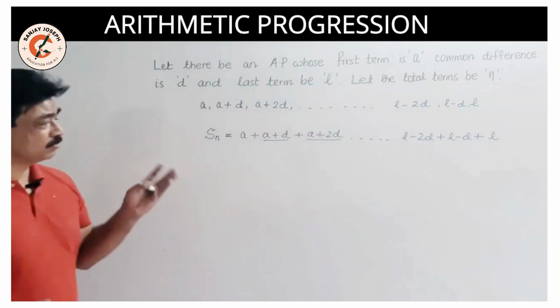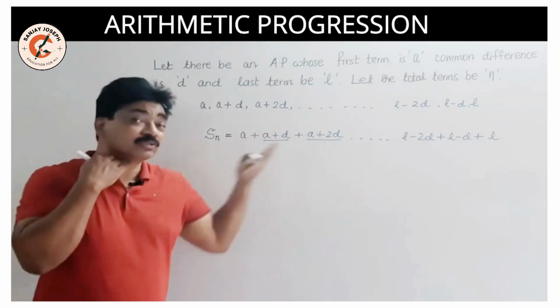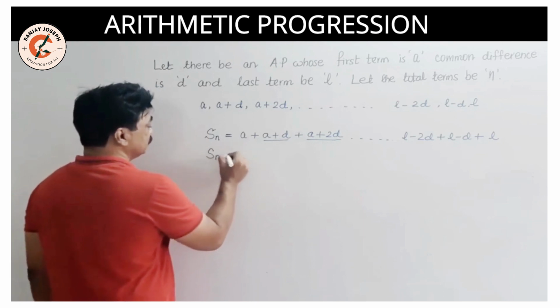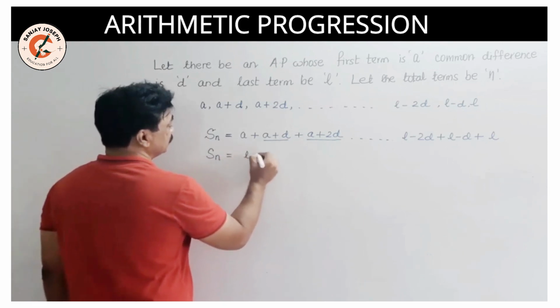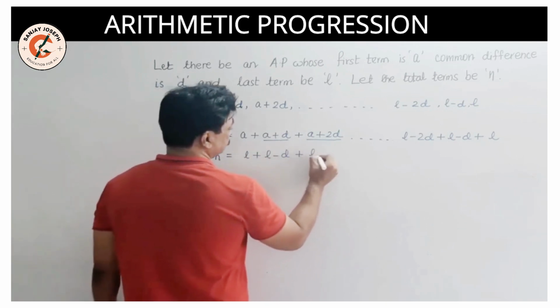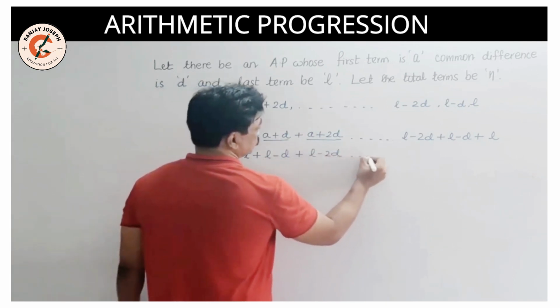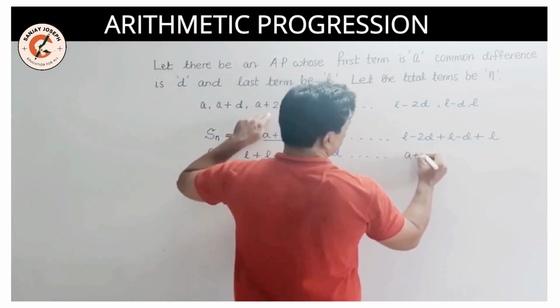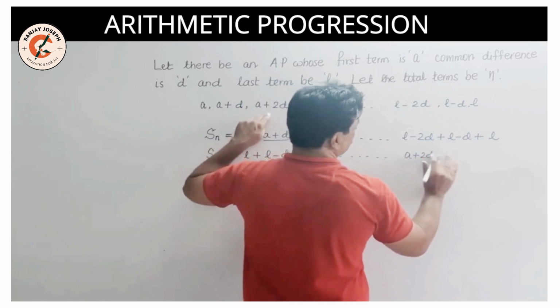Suppose I am adding this way, some child can go this way, so let me add this way. The sum will be the same if I reverse and write the AP, I write this way. So I come with the third term, if I am writing it in reverse.